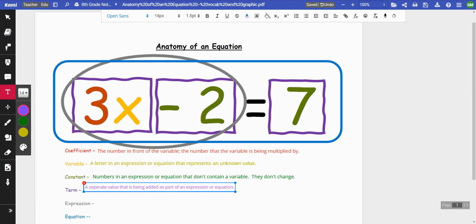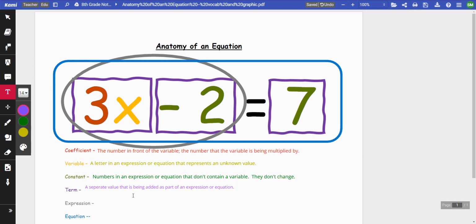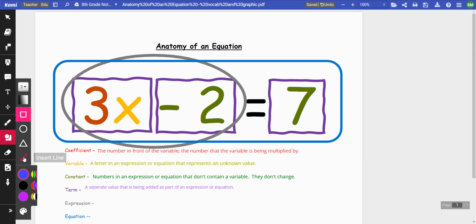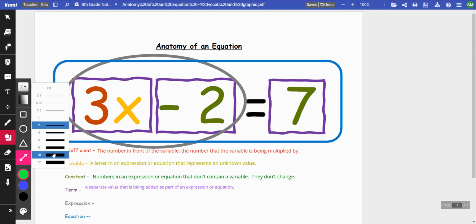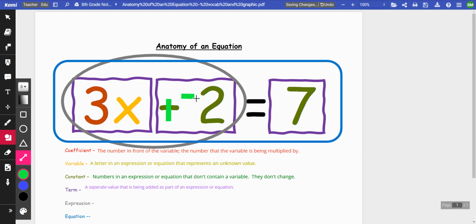And then we have different types of terms. And there's a reason I'm saying they're all being added even though this says -2. So let's talk about that for a second. Why did I put this minus with this 2? Well, I'll tell you why. Because, as we know, we learned in 7th grade, subtraction is just adding the opposite. So instead of saying -2, I could say plus -2.